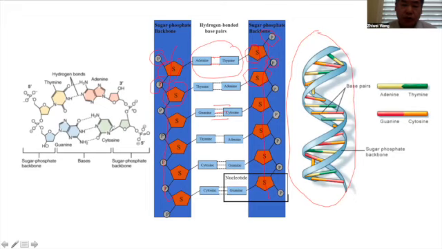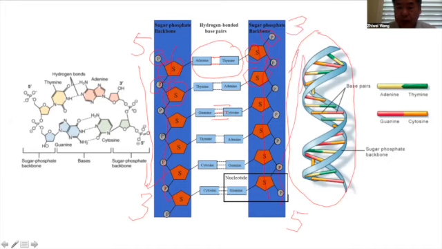We call these 2 strands anti-parallel because one strand runs from 5' to 3' in one direction, and the other strand runs from 5' to 3' in the other direction.